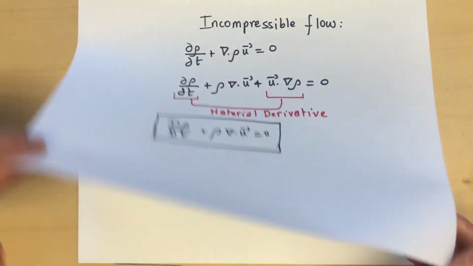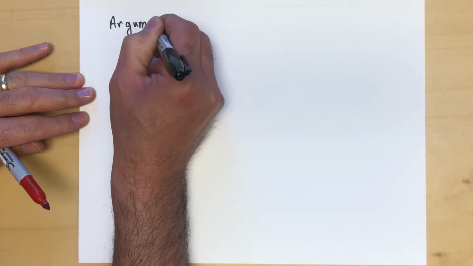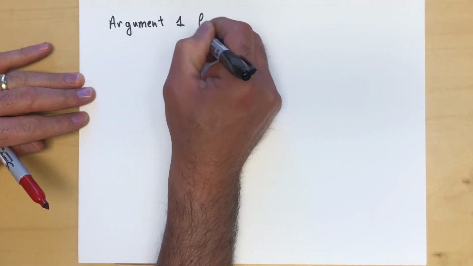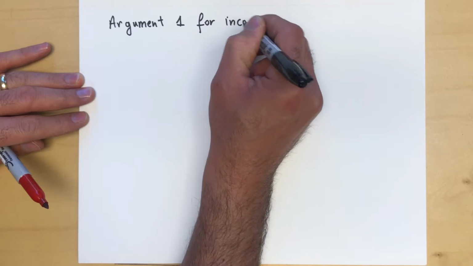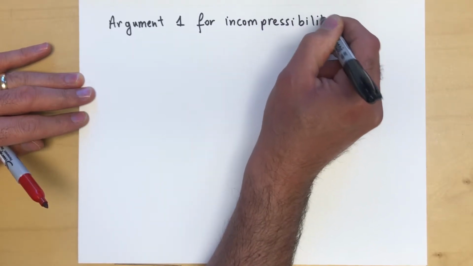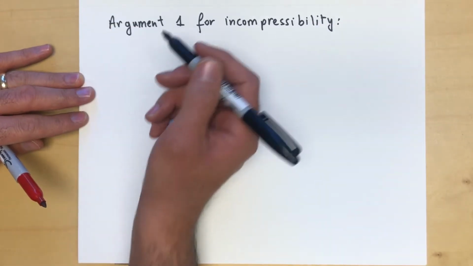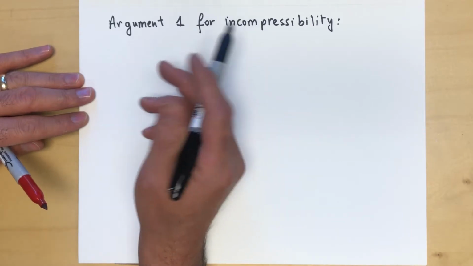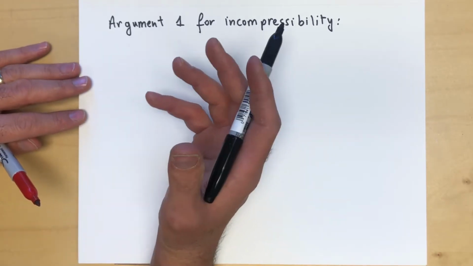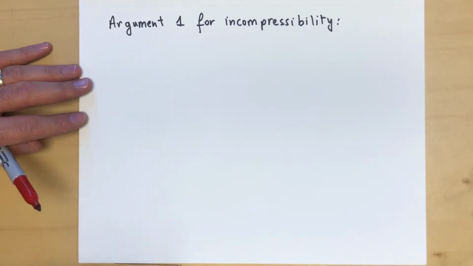The first argument for incompressibility is that while the mass of a fluid particle remains constant throughout the flow, a fluid particle is incompressible if its density does not change.